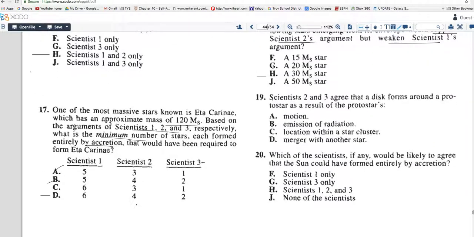All right, 19. Who can do it? Venkat. Actually, Rohit. So I underlined scientists 2 and 3, and like a disc forms around a protostar. And yeah, so I got 8 for that one. Okay, how'd you get that?